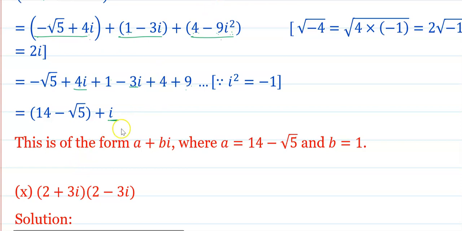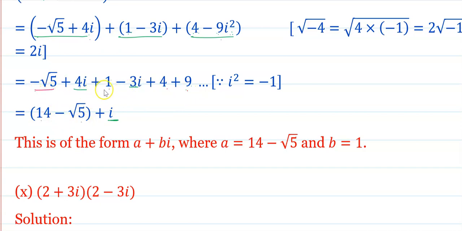And what about the real part? Real part is minus root 5. Okay. 1 plus 4, 5. 5 plus 9, it's 14. 14 minus root 5.